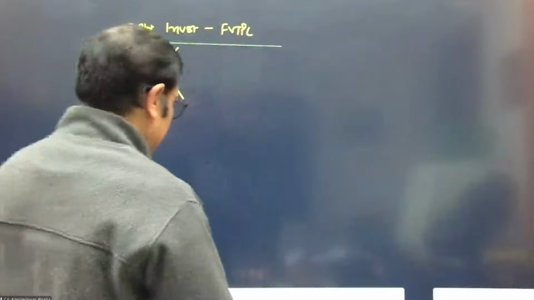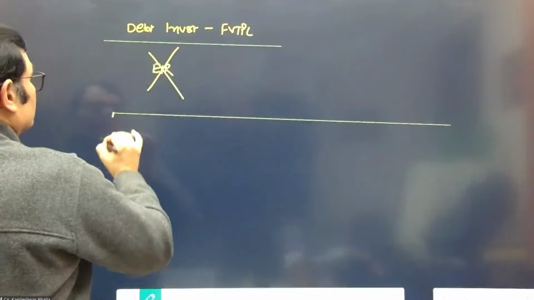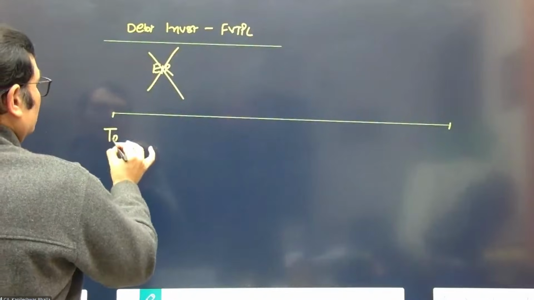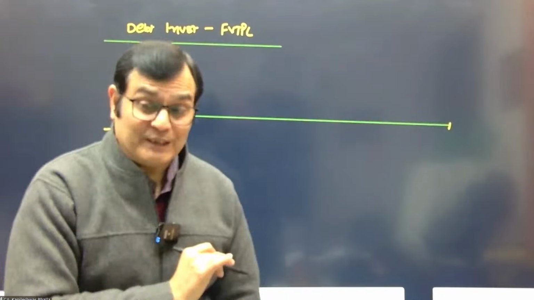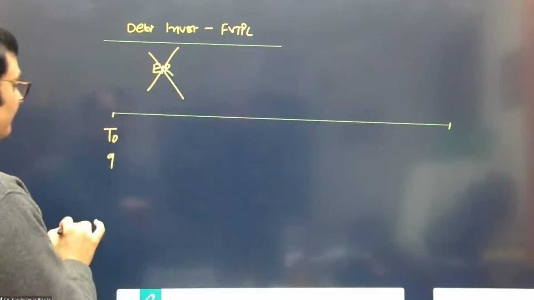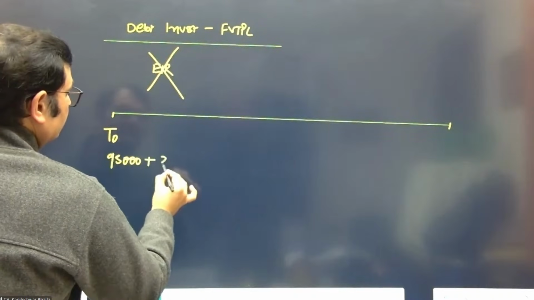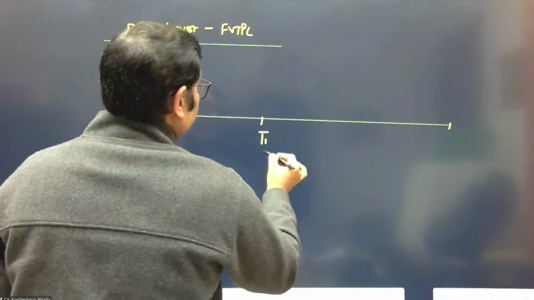So I think in this case, instead of doing an accounting, let's first make a timeline. So we can just see a timeline. So this is at time 0 when you invested. Do we take 95 or do we take 97?